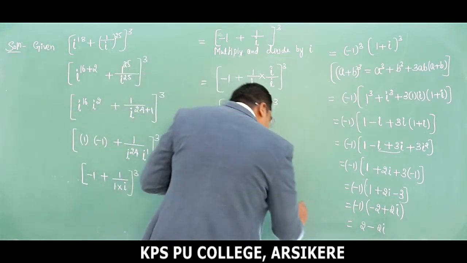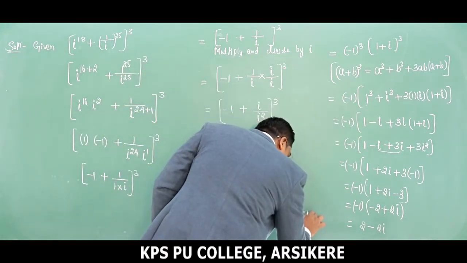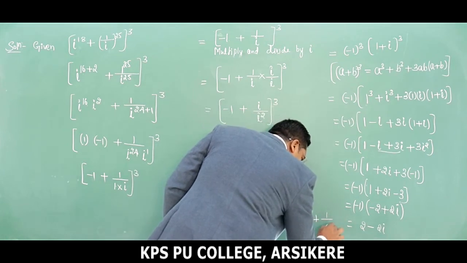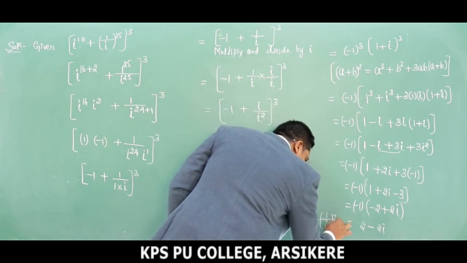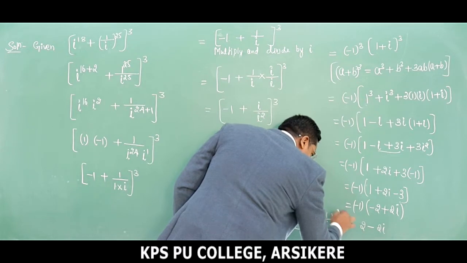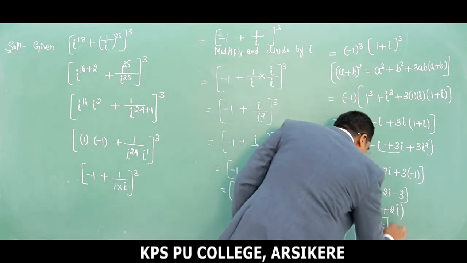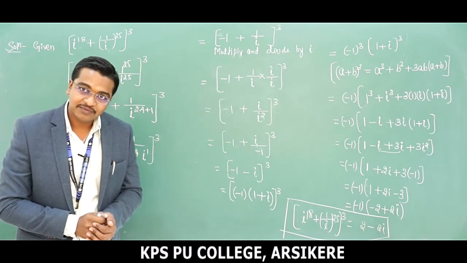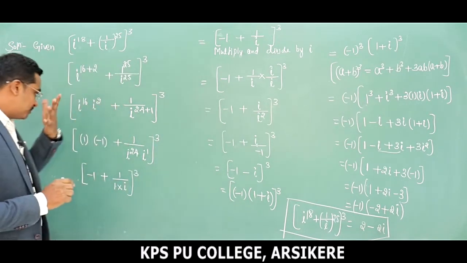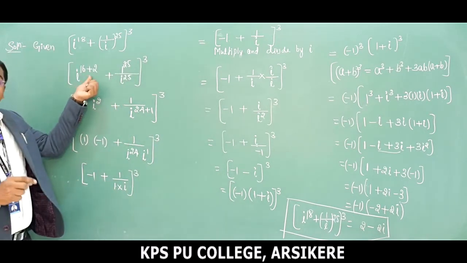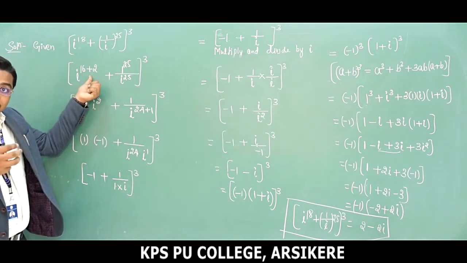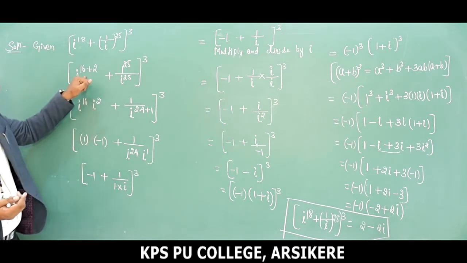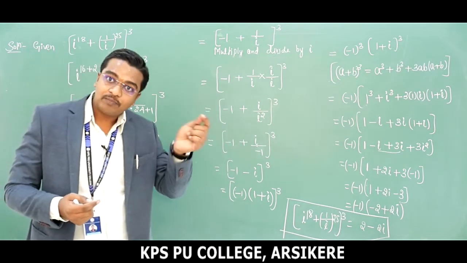You can write here: i power 18 plus 1 divided by i power 25 whole cube. So the solution of this term is 2 minus 2i. Understood, children? Here the important step is this one. When the power is a big number, that number reduces as a multiple of 4 plus something.